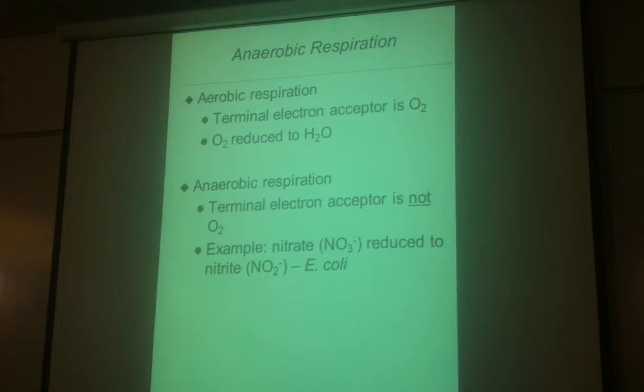And so this may actually be a leftover from that early part of Earth system. So E. coli, for example, can use nitrate instead of oxygen. Those electrons end up on nitrate and they become nitrite. Any questions about that? So that's another trick that bacteria can do.